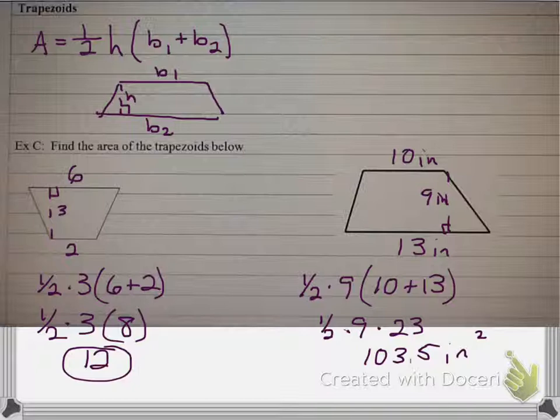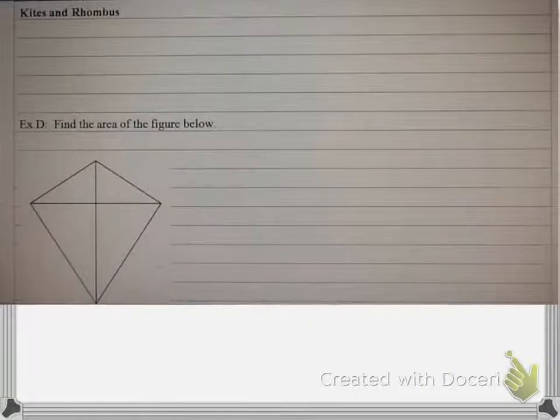Alright, kites. If you notice on here, there is a correction. So kite and rhombus, this is where the one got scratched out, and this is where it's supposed to be. So with kite, because a kite and a rhombus. So I'm not sure if you guys remember, but our kite, you guys know that shape. It's that.